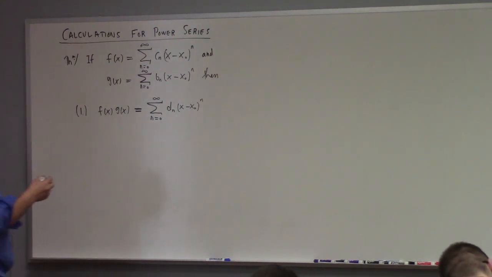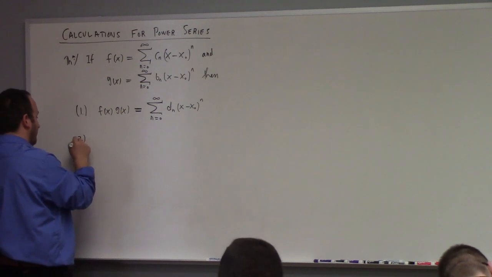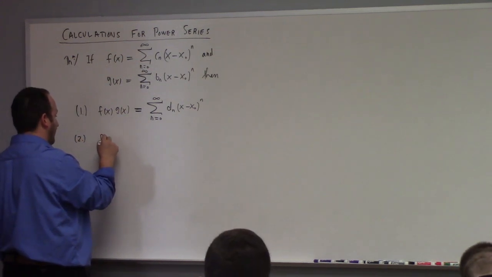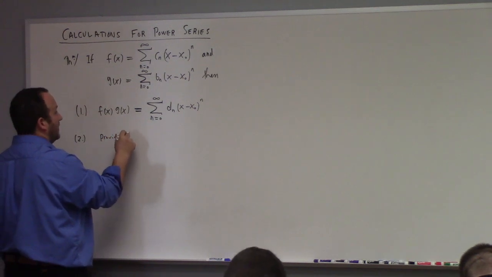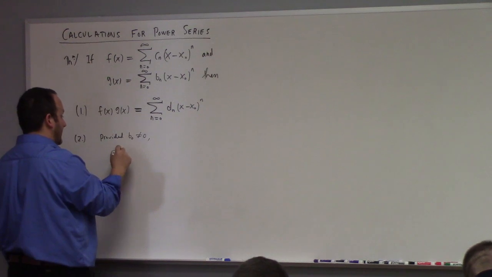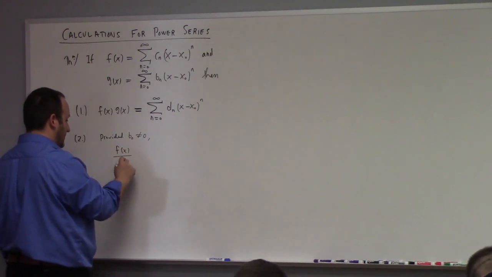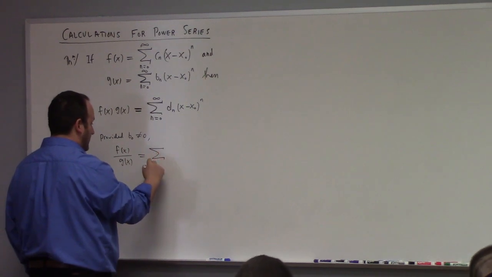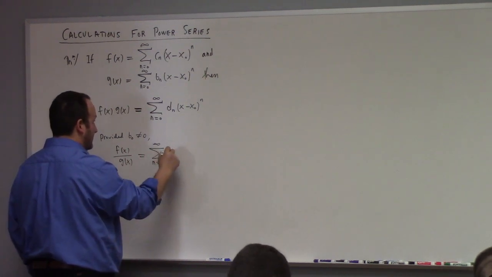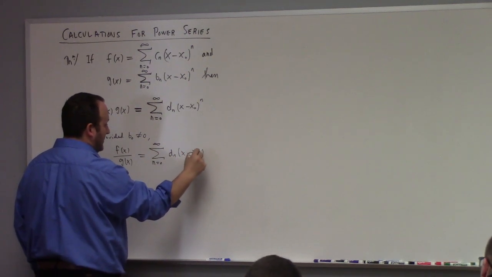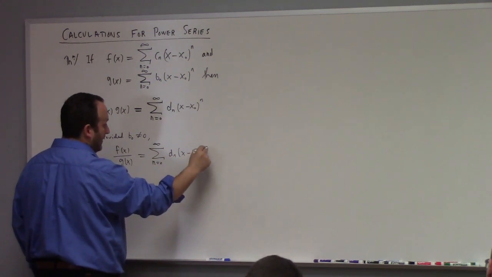And two, provided b sub 0 is not equal to 0, f of x over g of x can also be expressed as the sum from n equals 0 to infinity of some d_n times (x minus x naught) to the n. Obviously not the same d for part 1 and 2 here.